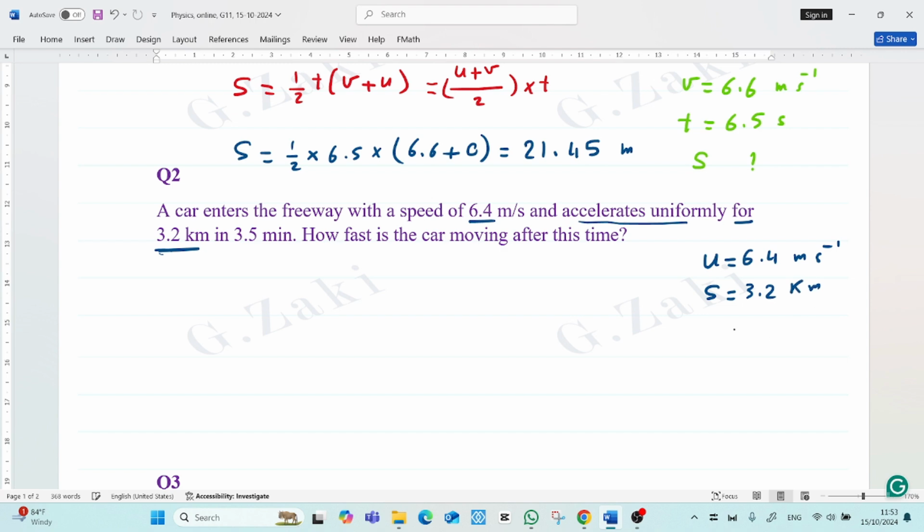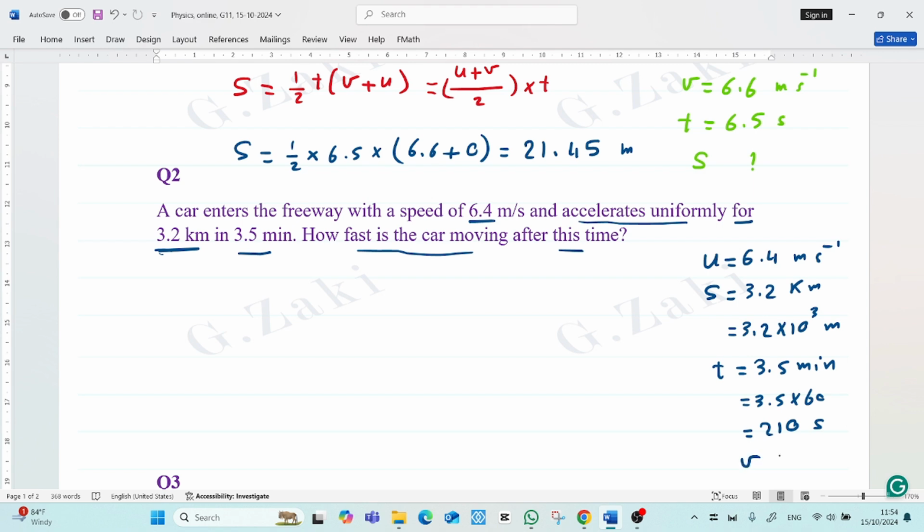We have to convert to meter. Then it's 3.2 multiply 10 power 3 to be in meter. In 3.5 minutes, this is the time. 3.5 minutes, we have to convert to second. 3.5 multiplied by 60. So the time is 210 seconds.